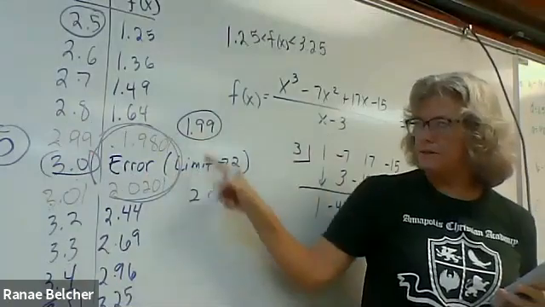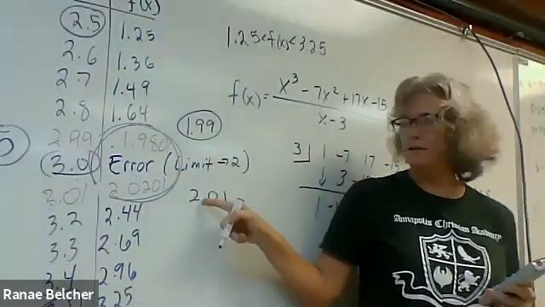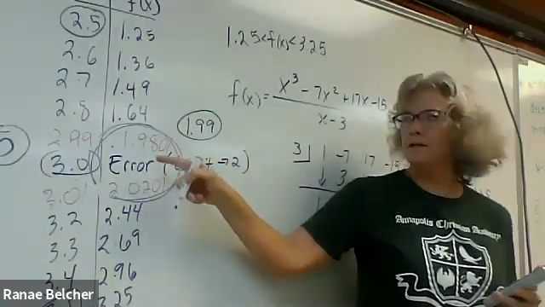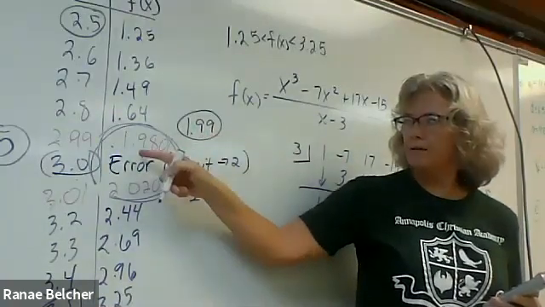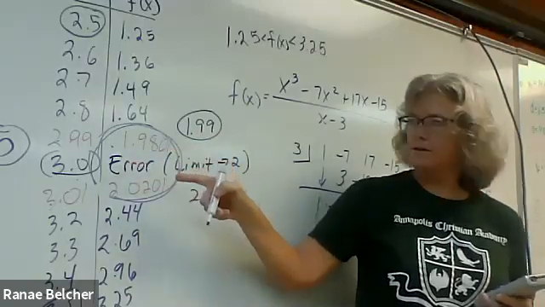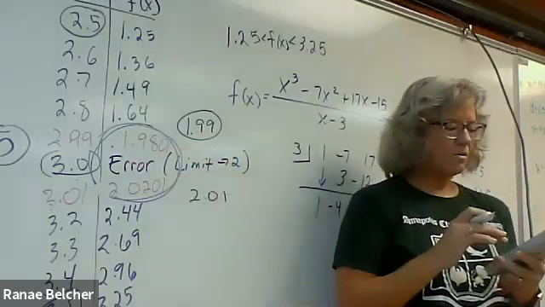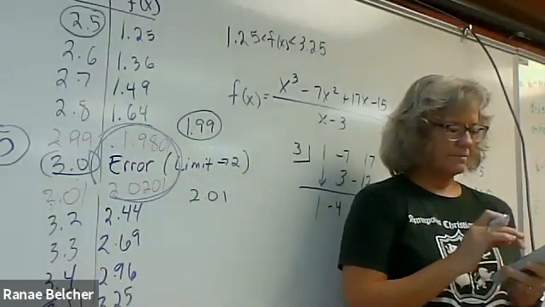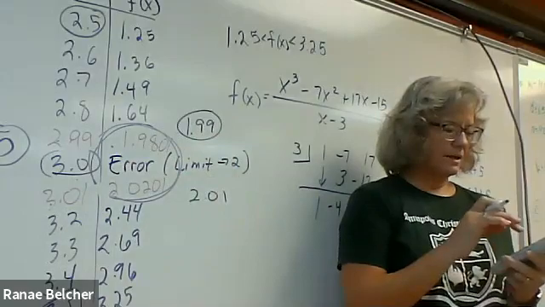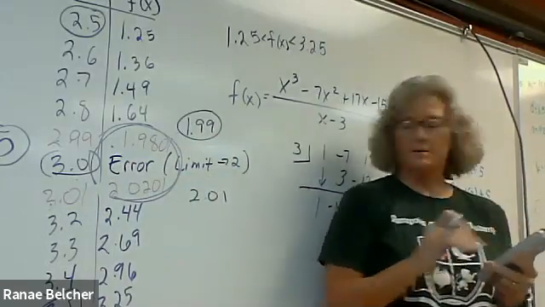Is that as close as these numbers are to 2? Not really. This is like 0.01 away, and this is like 0.02 away. So we need to get closer. So let's go to 0.001. And then hit table.